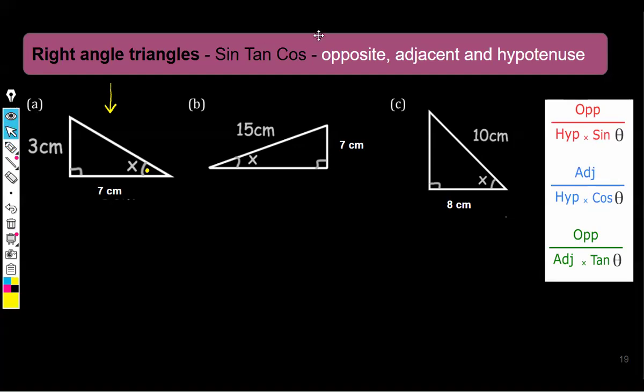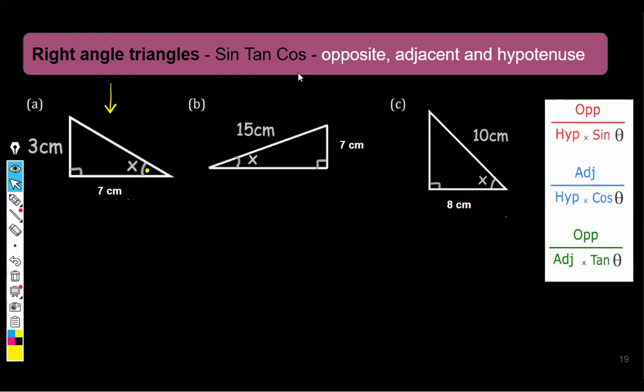First thing to do, always identify the hypotenuse, no matter what. So the side opposite the right angle is over here. He is the hypotenuse. Everyone put in the H. We're always standing by the angle. Now, it didn't give us the value of the angle x, but we're trying to find x, right?